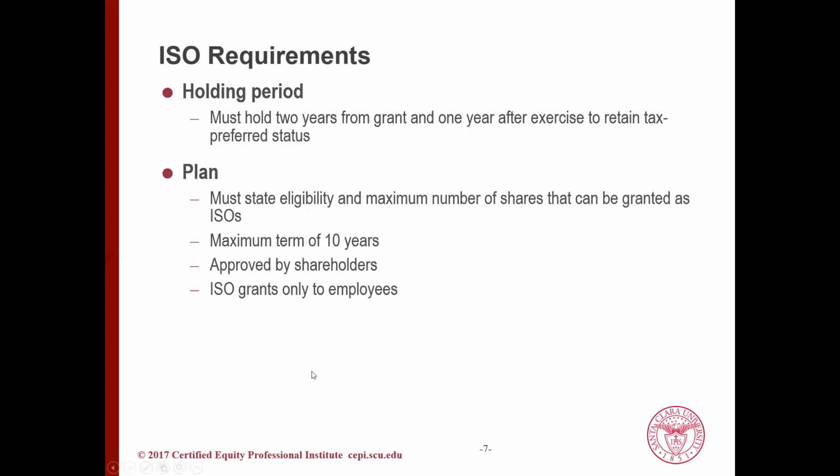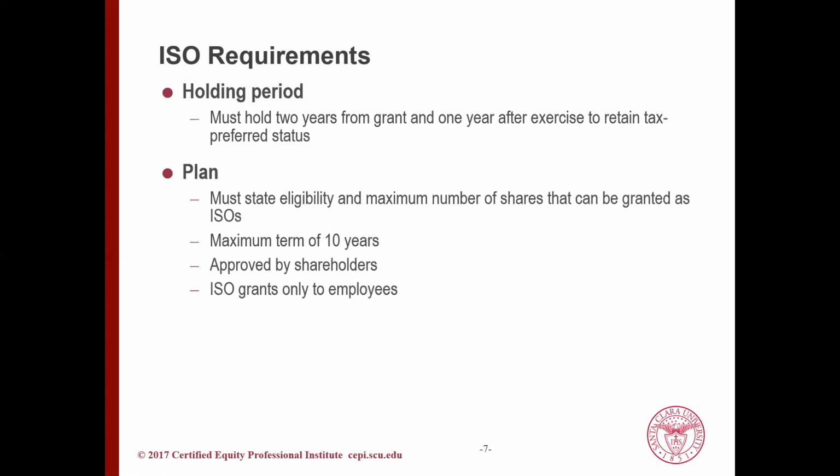ISOs have stringent holding requirements in order to benefit from the preferential tax treatment. The ISOs must be held 2 years from the date of grant and 1 year from the date of exercise. If both of these holding periods are not met, then the individual will lose the preferential tax treatment associated with that ISO.